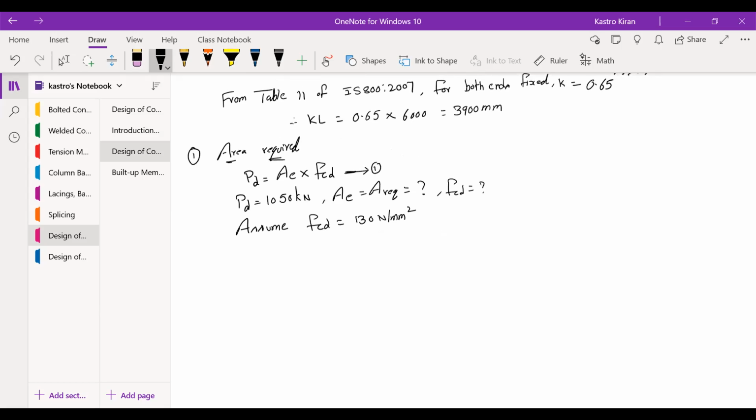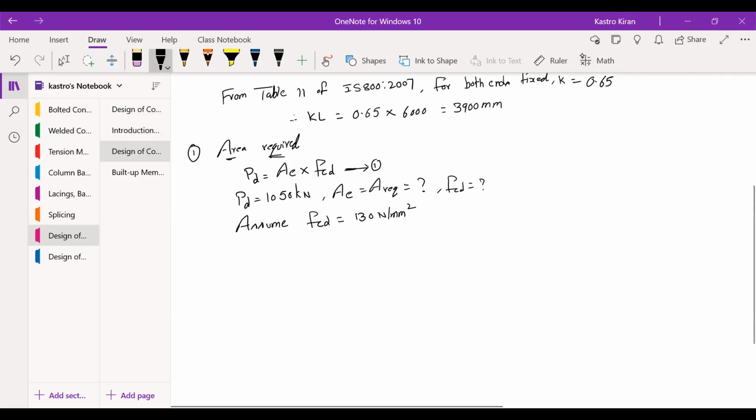As IS 800 2007 says, when you are assuming the value of FCD for column members, remember it is for column members, the value of FCD can range between 110 to 180 newtons per mm square. This is as per the code book.